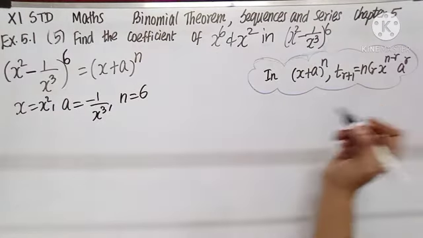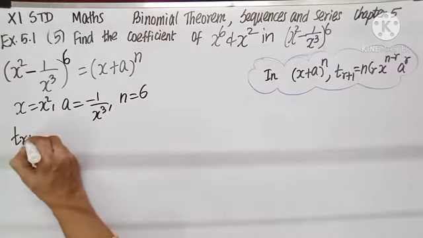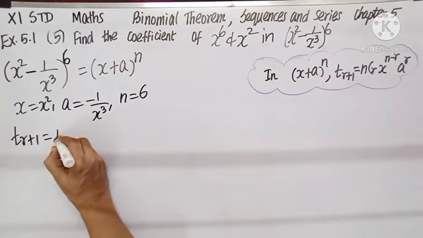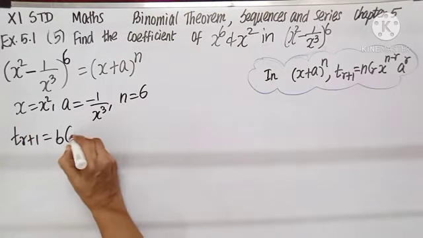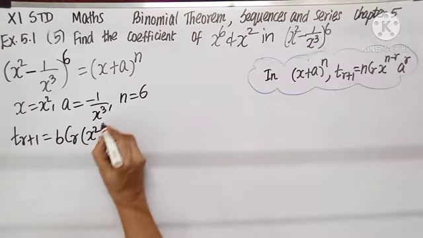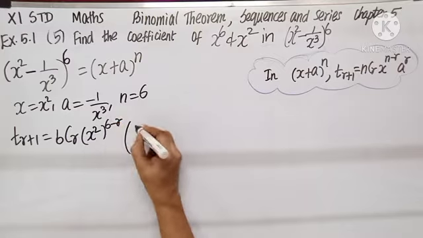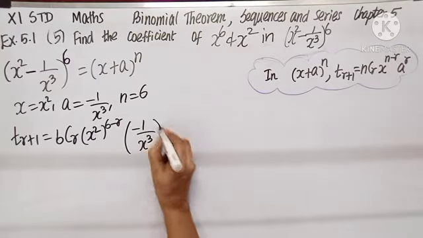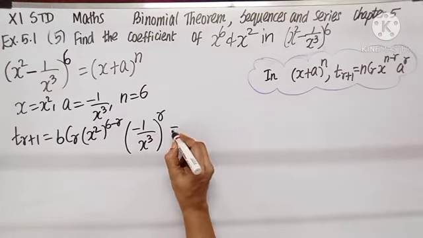The general term formula, tr plus 1 is ncr, n is 6cr, first term x square power 6 minus r, second term minus 1 by x cube power r.